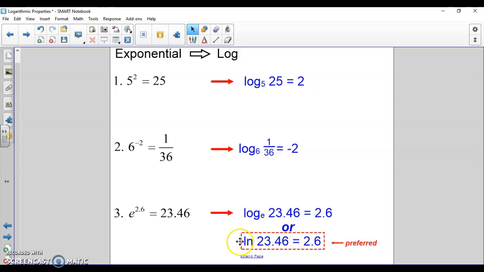I prefer the natural log one, so we could have log base e of 23.46 equals 2.6, or the preferred answer would be natural log of 23.46 equals 2.6. But I would 100% take both. I wouldn't mark anything wrong. You just need to be familiar with both notations, that's all.